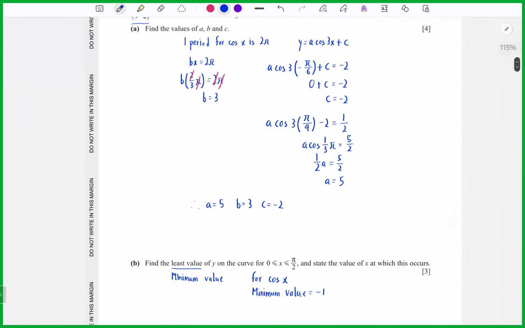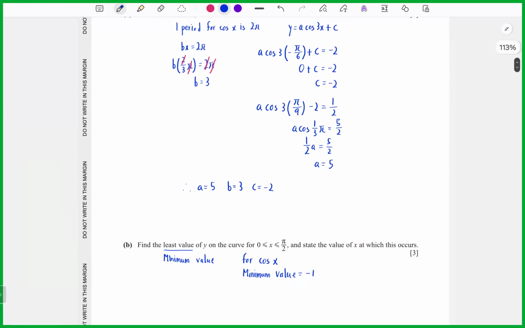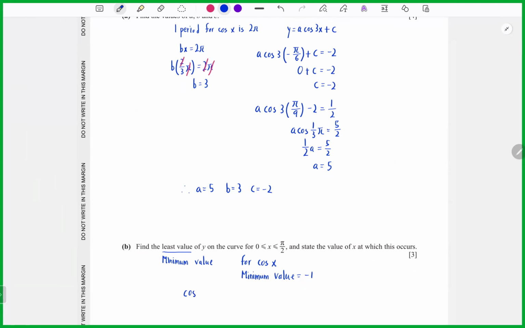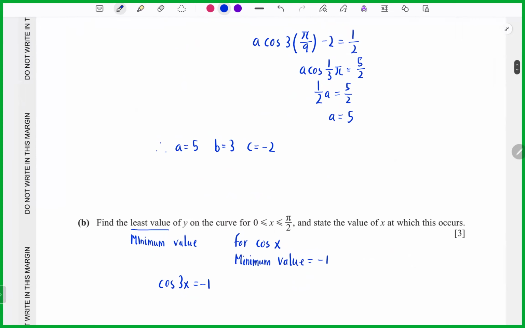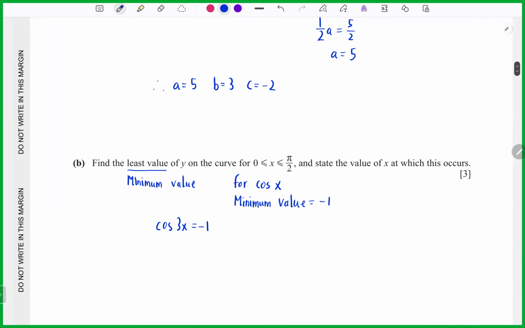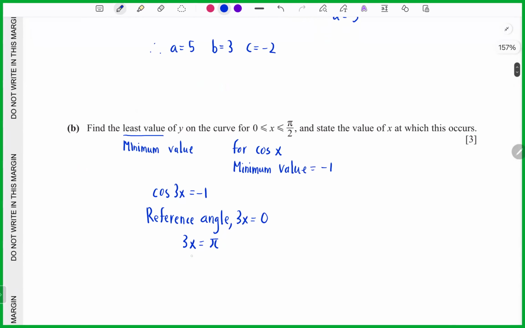So you can take cos 3x equals negative 1. Then find the reference angle: 3x equals, if cos is 0, but you see that it's negative 1, right? So 3x actually is at pi. So you can take x equals pi over 3.